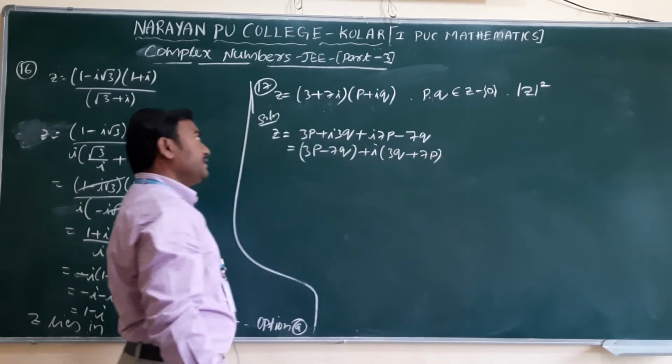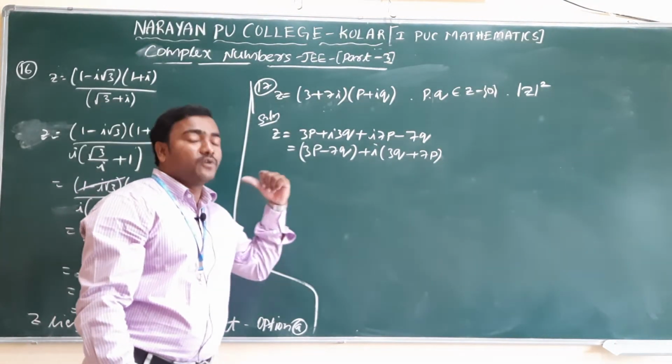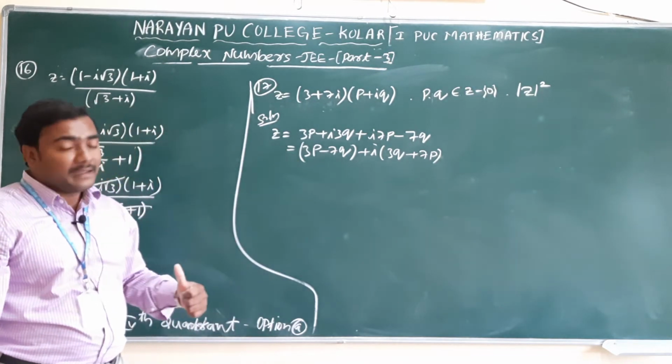But they have given that it is purely imaginary. So already we know that if Z is purely imaginary, then the real part should be 0.